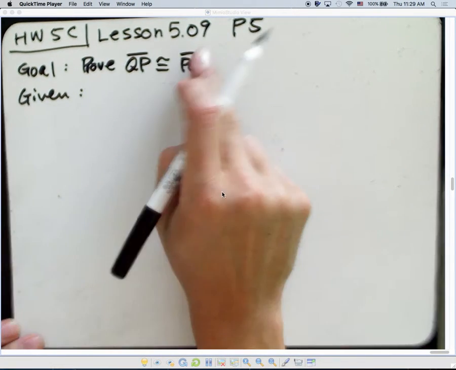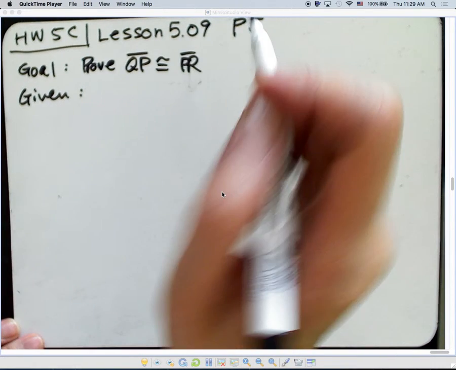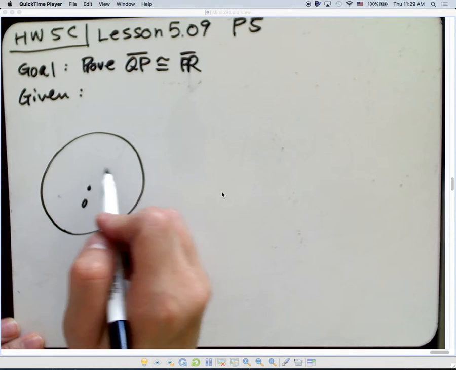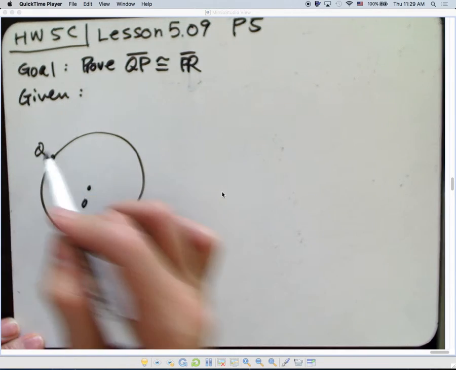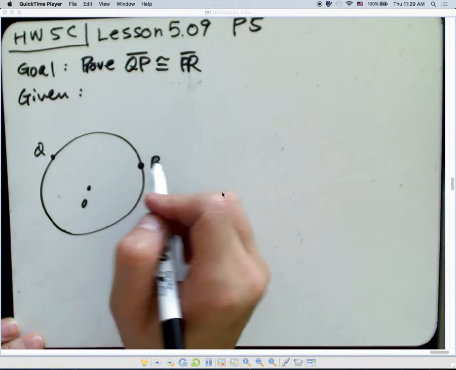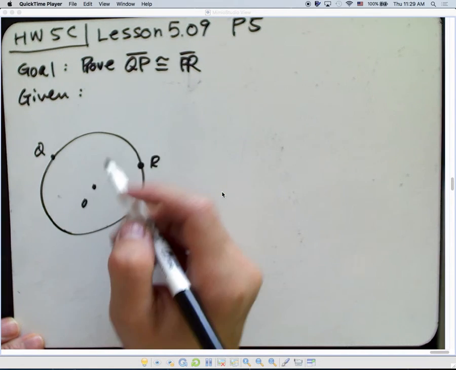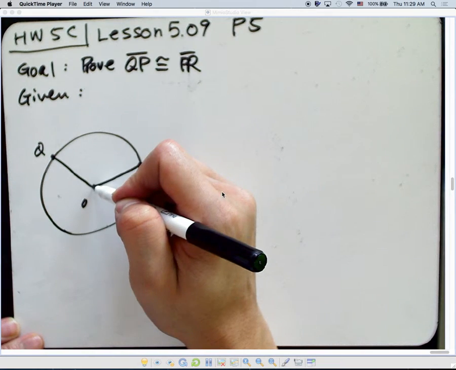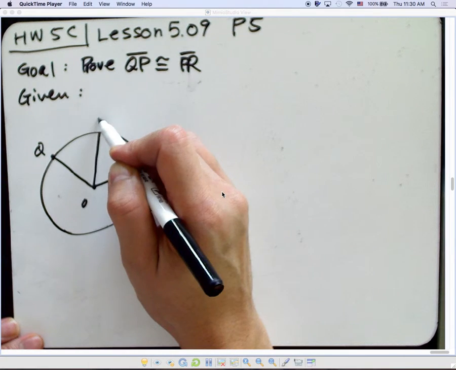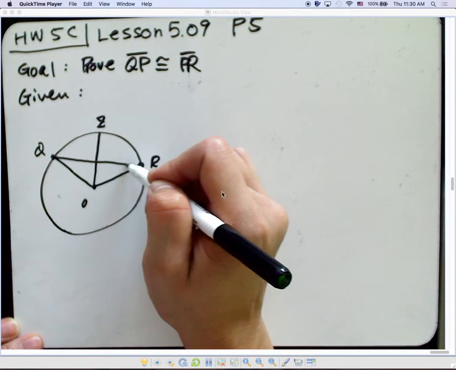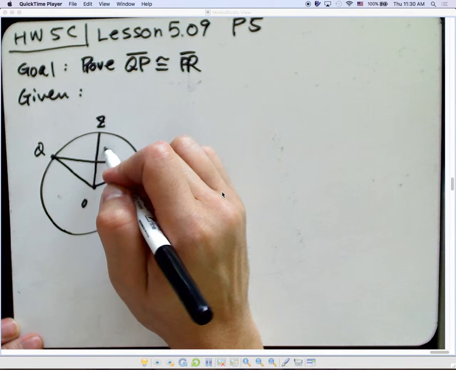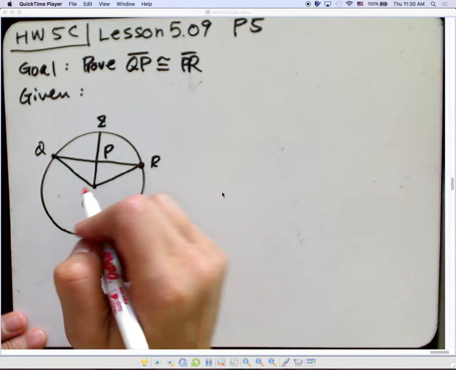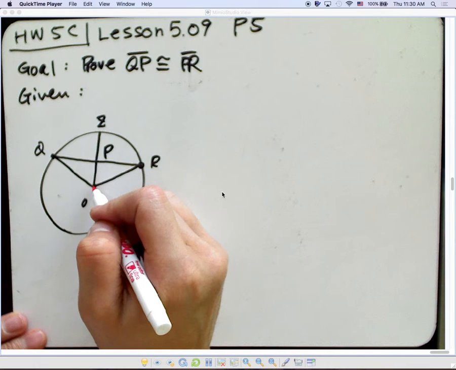What's given? We have a circle, we have a center O, we have Q, and we have R, and we have angle QOR, and we have angle bisector OZ, and we have chord QR, whose intersection we call P. What's given is that OZ bisects QOR.